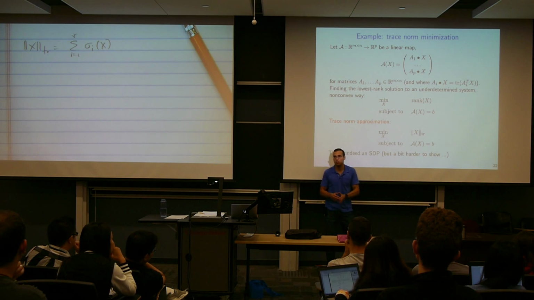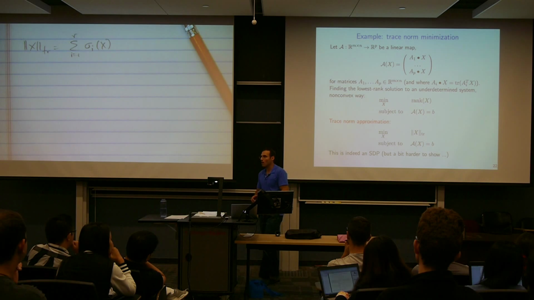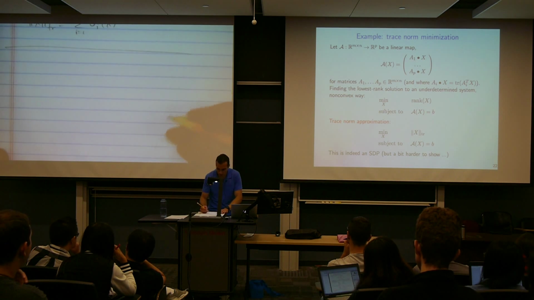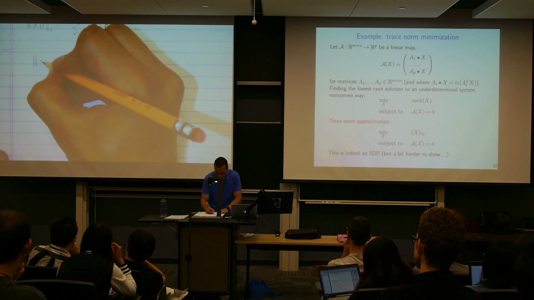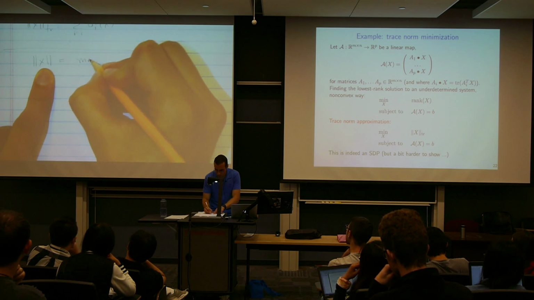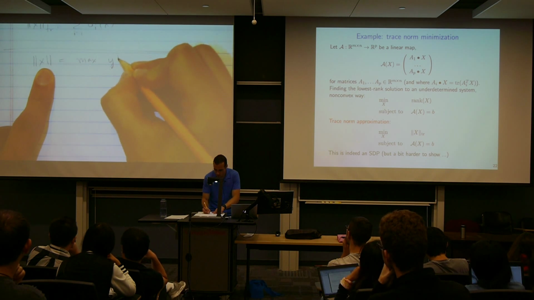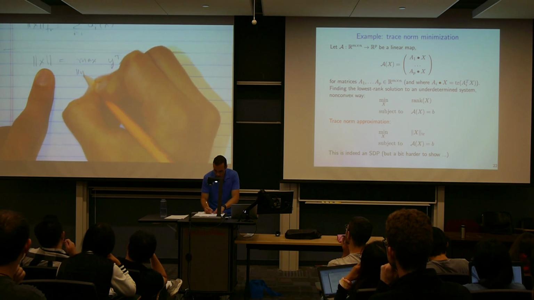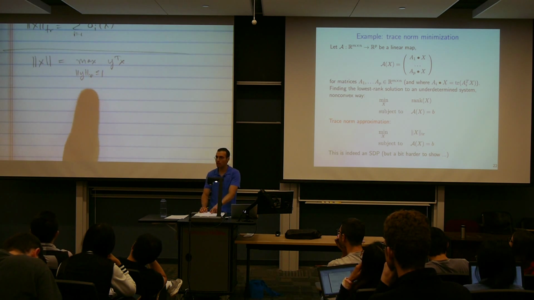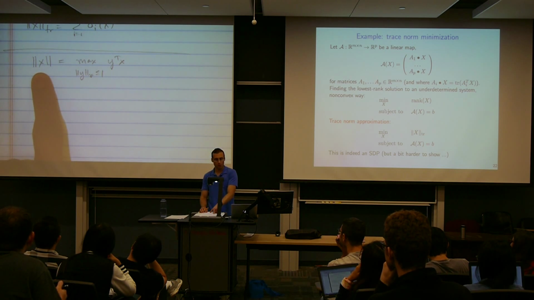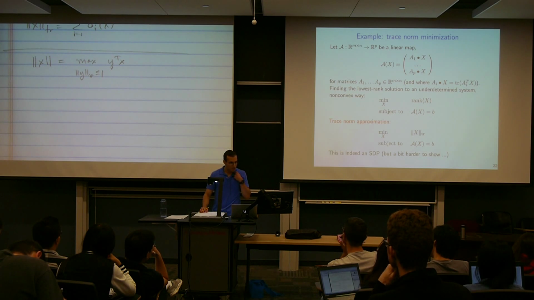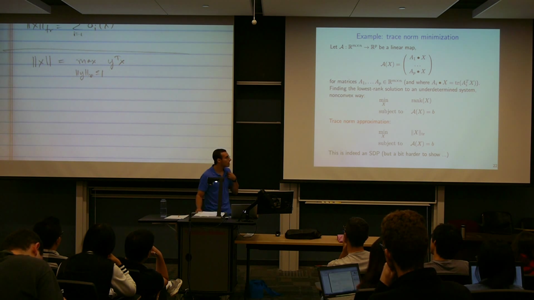So any norm I can write as the maximum inner product with x over all vectors y that have dual norm less than or equal to 1. This is an equivalence we'll see when we talk about duality. There's a unique norm that's called the dual of my norm, and this is actually the way to define the dual norm. So that's the way I can express a norm.